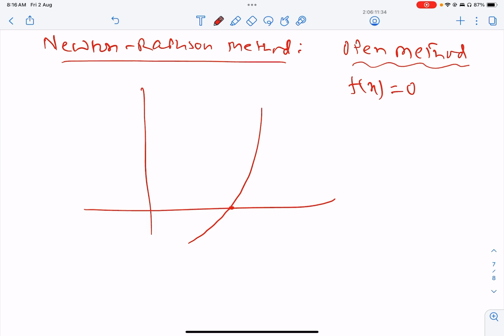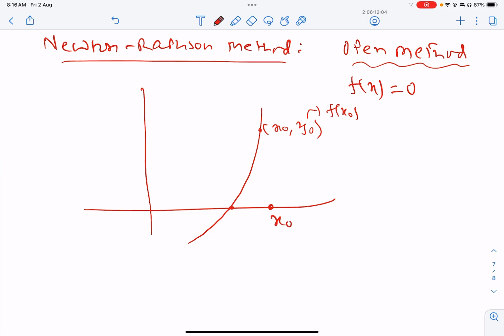So we begin with some number, say some point x0, y0, or you can say f of x0. So x0, f of x0. So here we are taking the approximate root.